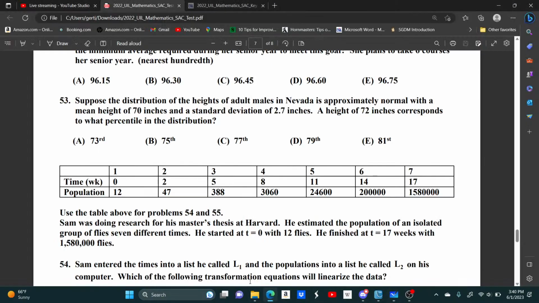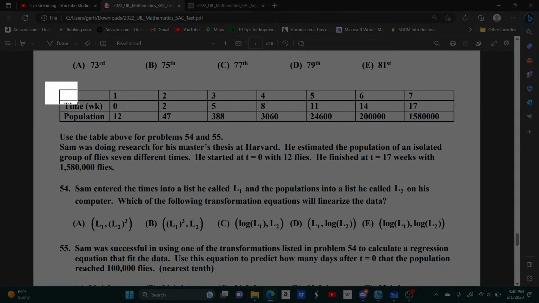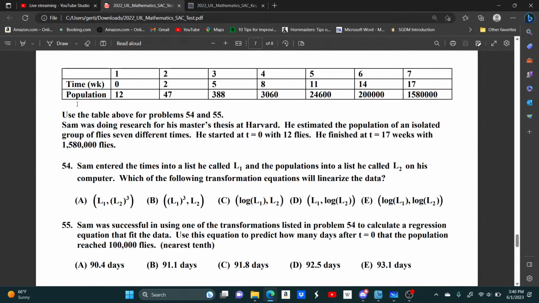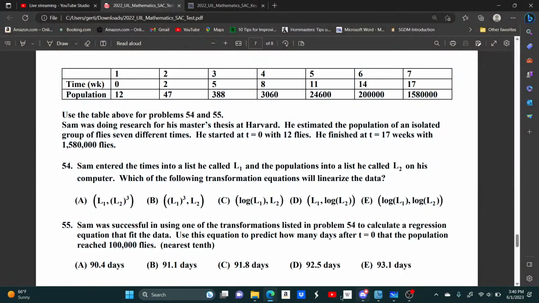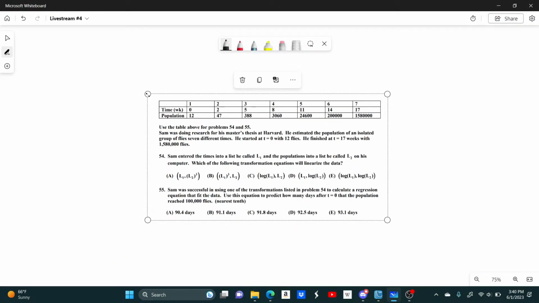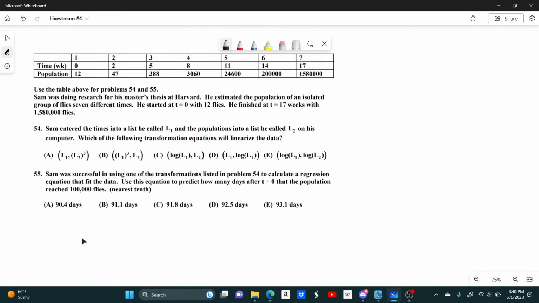Okay. Moving on. Oh, this is for problems 54 and 55. Okay, let me get both of these. Alright, it says use the table for problems 54 and 55.